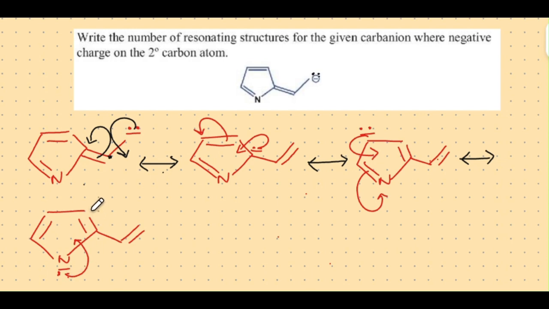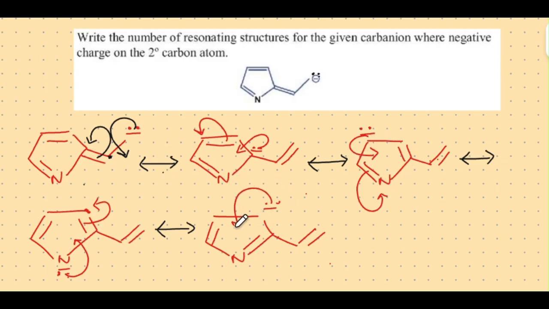Look at this. We have not formed any negative charge on this as of now, so it will move again. You have to write all possible structures. Okay. So see here, this is a negative charge like this, and there is a new bond formed here. That's why it is bringing aromaticity to this particular cyclic molecule.